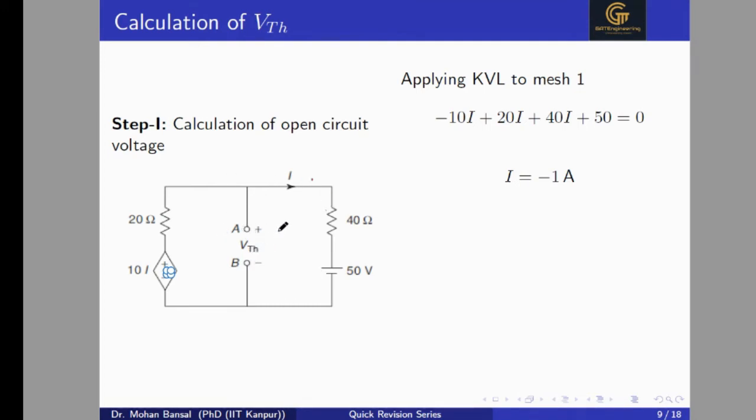So I equals minus 1 ampere. And VTH can be computed as 40I plus 50, the voltage across this, and we know the value of I, so we can get the VTH.